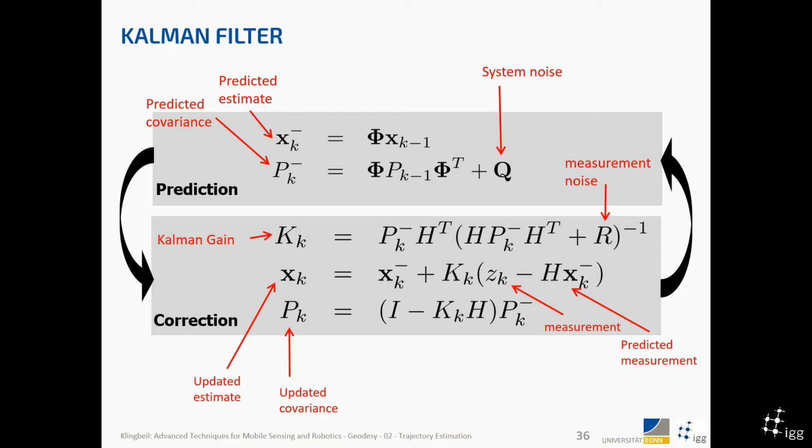Phi is a transition matrix. P is a covariance matrix. With a minus, it's a predicted covariance matrix. And Q is system noise. Okay, and these are the involved variables, and we now want to go through the technique of Kalman smoothing.